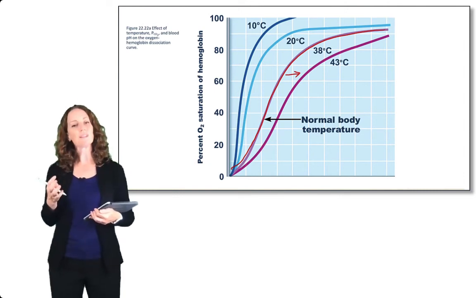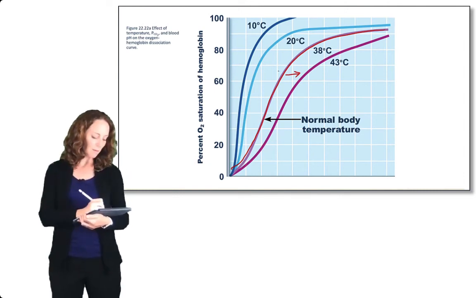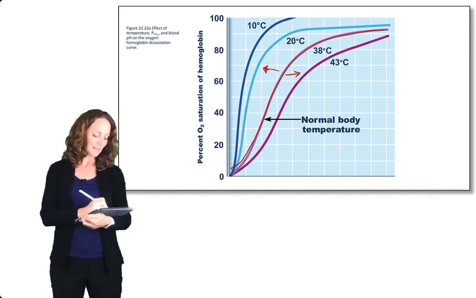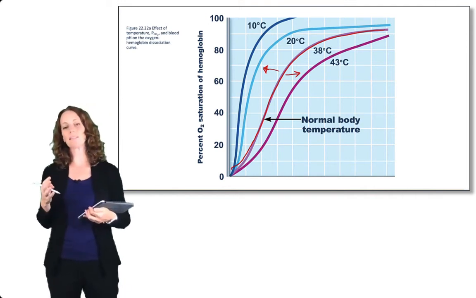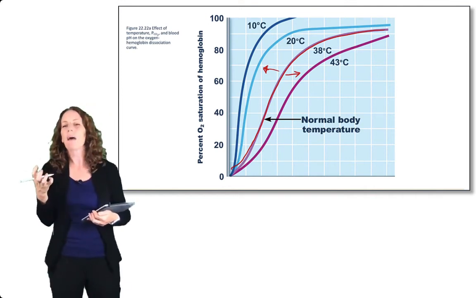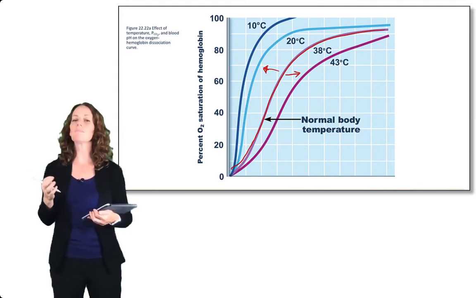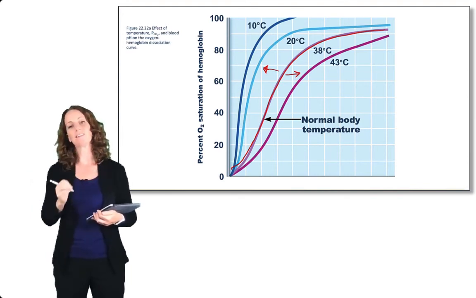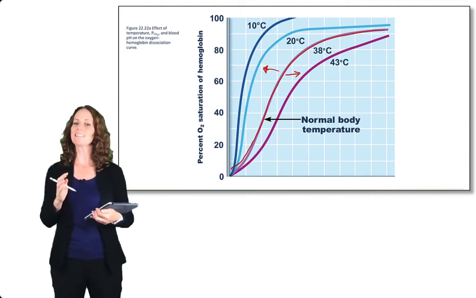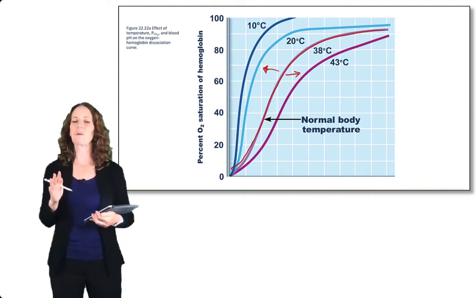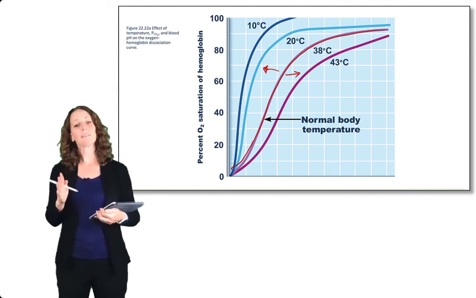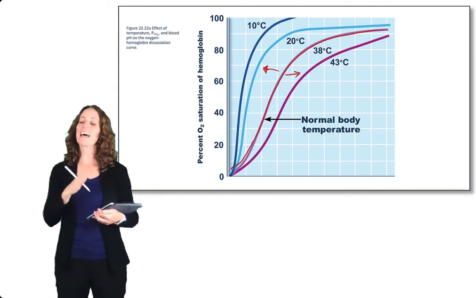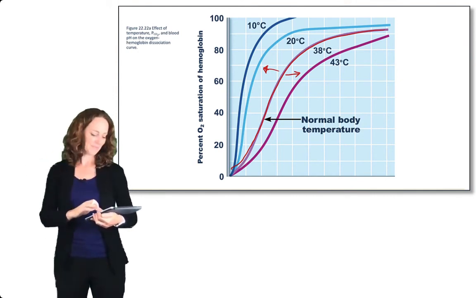They move more slowly. So if the hemoglobin molecule gets colder in a cold environment, it actually will stay bound and not unload as much oxygen. And you can see that here in the 20 and 10 degrees Celsius curves. Obviously, those are not levels that are normal for the body, but it describes how the hemoglobin functions as a response to temperature.